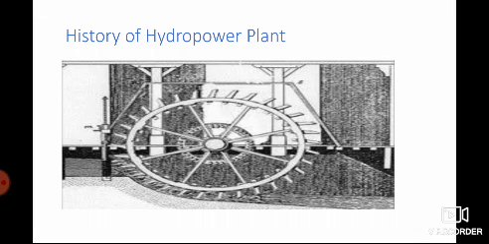You can see this in the picture: this is a water wheel, used for irrigation purposes. Later, in the late 19th century, hydropower became a source for electricity generation. The first commercial hydropower plant was built at Niagara Falls in 1879, with a generation capacity of only 200 watts.